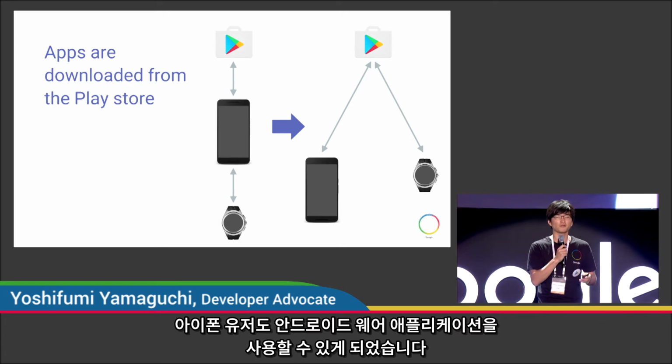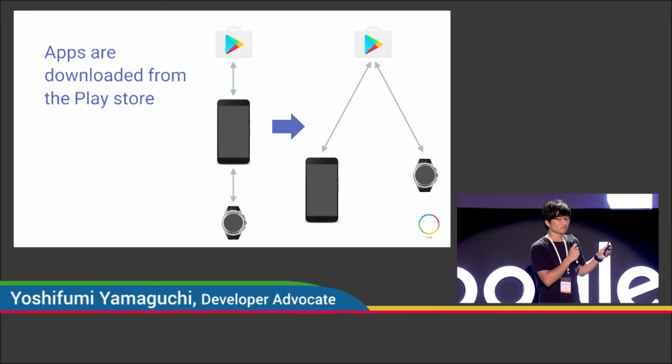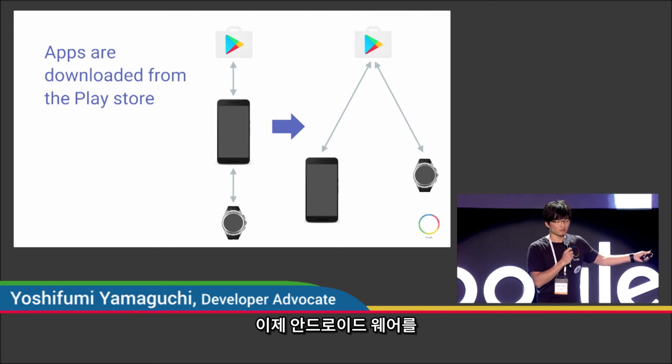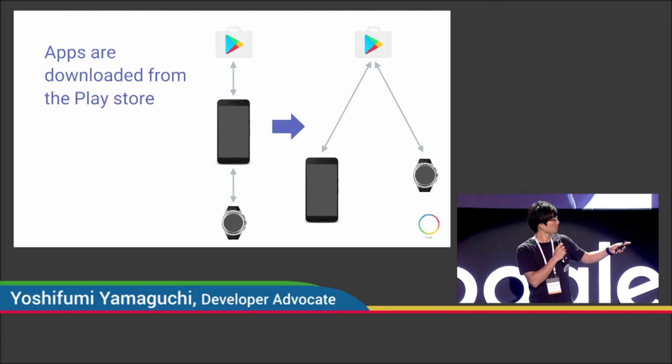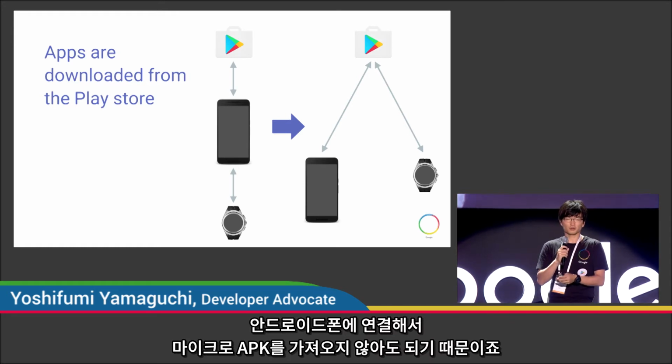Also, iPhone users can make use of the Android Wear application, because now the Android Wear device doesn't have to be connected with an Android phone to get the micro APK.